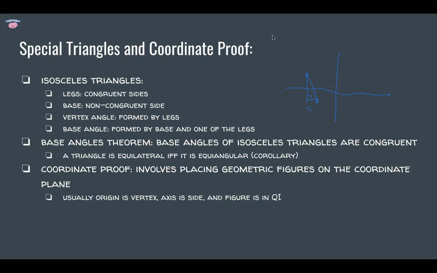And if this is x1 comma y1 and this is x2 comma y2, well, if we bring this straight down and bring this straight to the right, that means that this would be, since this line has the same x coordinate as x1, it'll be x1 and x2, and the distance between them is the shortest line, which is horizontal, and we can calculate this to be the absolute value of x2 minus x1.